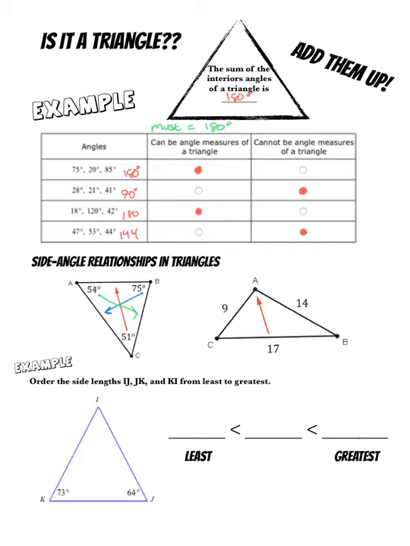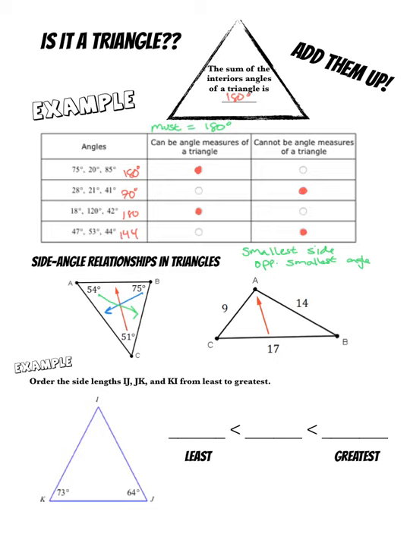What we know is the smallest angle will always be opposite the smallest side. The smallest side will always be opposite the smallest angle. So I'm going to write this there: smallest side opposite smallest angle. You do not have to have all the measurements.